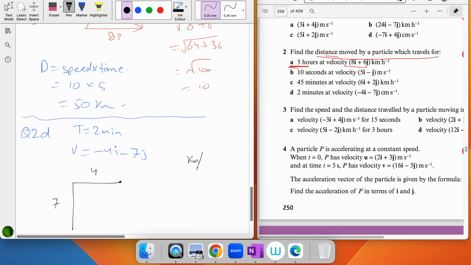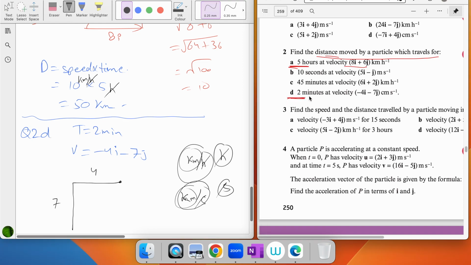Look at this, kilometers per hour with hours, kilometers per second with seconds. This should be compatible. When you multiply with these two, hour cancels with hour and you're left with kilometers, second cancels with second and you're left with kilometers. This speed right here was in kilometers per hour and this time was in hours. So this hour got cancelled with this hour and you're left with kilometers. In this D part, I selected this D part for the same reason. This is minutes, but you see the speed is in centimeters and seconds. Here we will need to change this.